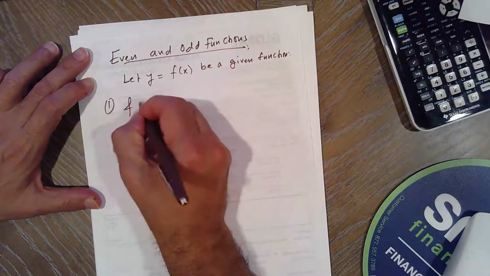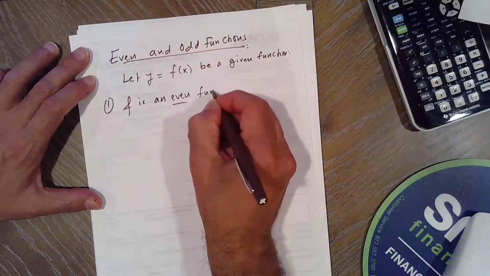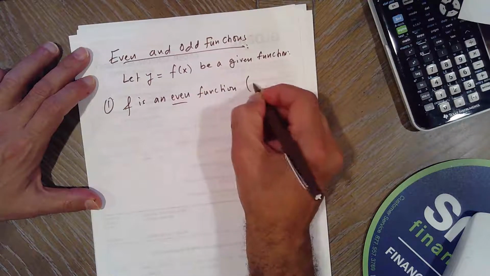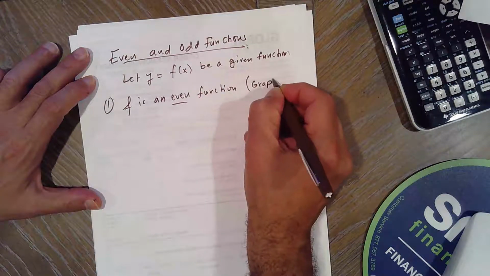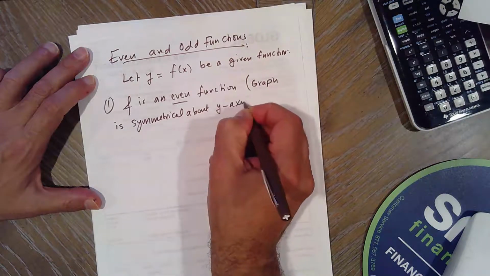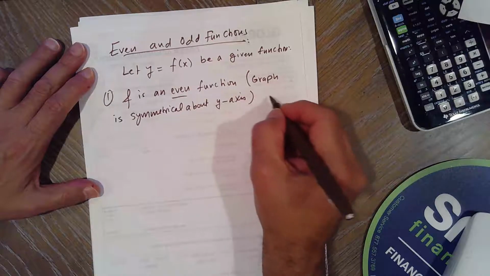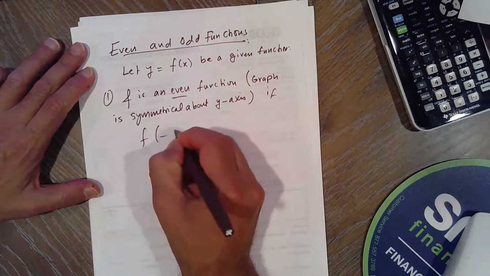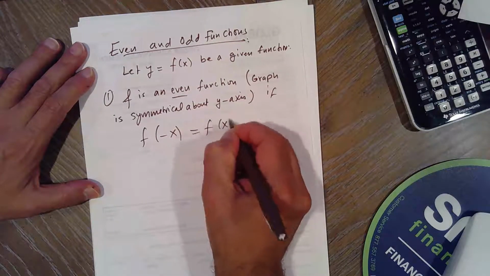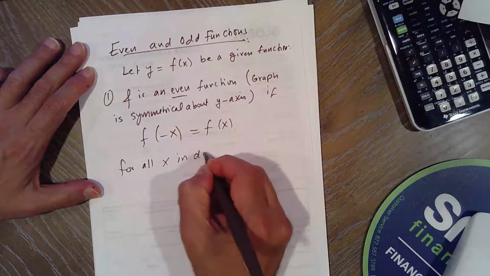If f is an even function, that means its graph is symmetrical about the y-axis. An even function has a graph symmetrical about the y-axis if f of negative x equals f of x for all x in the domain of f.